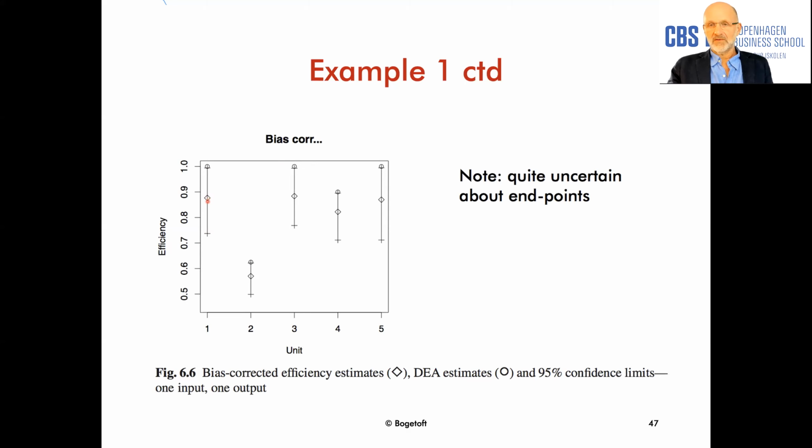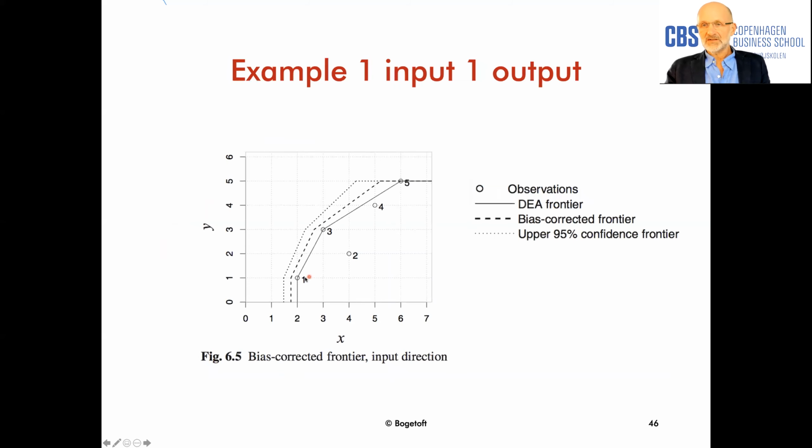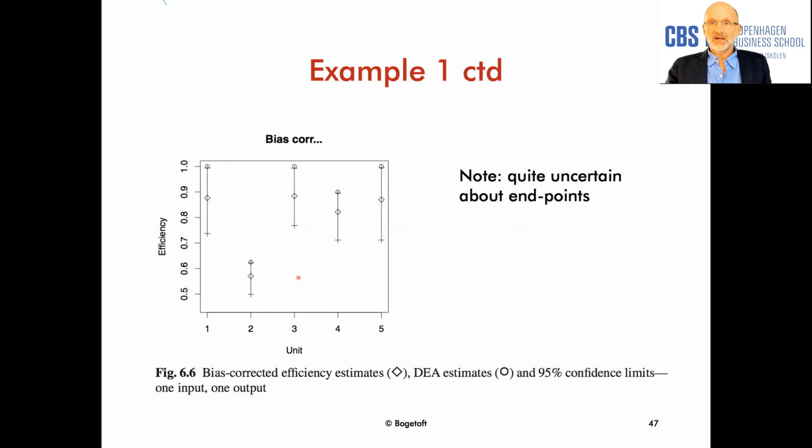This spade, or whatever that's called. So you see here that the first observation, which if you go back is considered to be fully efficient, if you bias correct, is going to be only 87% efficient. And if you want to give a confidence estimate of the true underlying technology, it's somewhere between, let's say, 0.75 and up to 1. Okay.